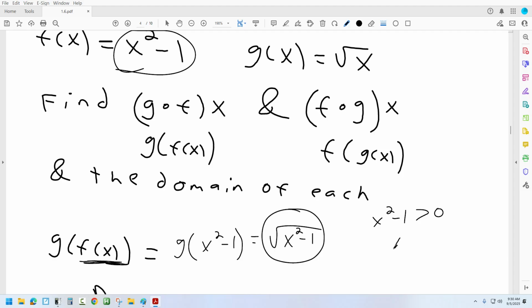So that means I want x squared to be bigger than 1. I said 0 or higher. Sorry. I didn't write the or higher part. So that means we want x squared to be greater than or equal to 1. What kind of numbers can you square, and they'll come out 1 or higher?